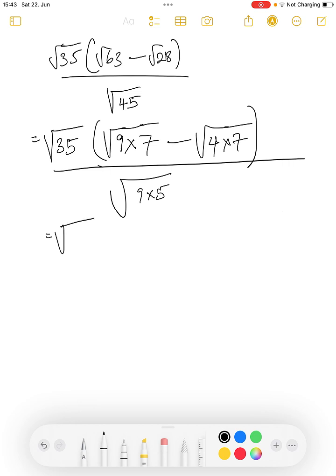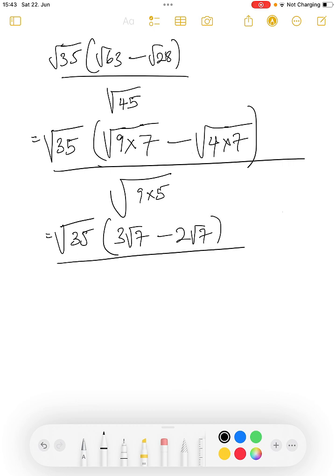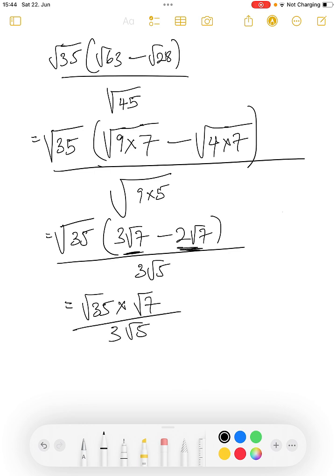So this is the same thing as root 35. This is 3 root 7 minus 2 root 7 all over 3 root 5. 3 root 7 minus 2 root 7 is root 7, all over 3 root 5.